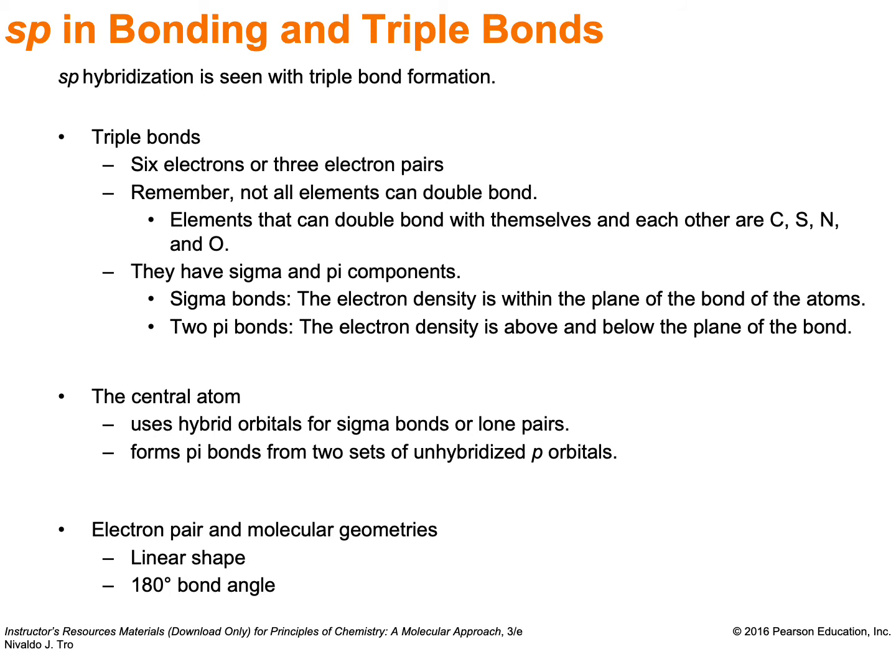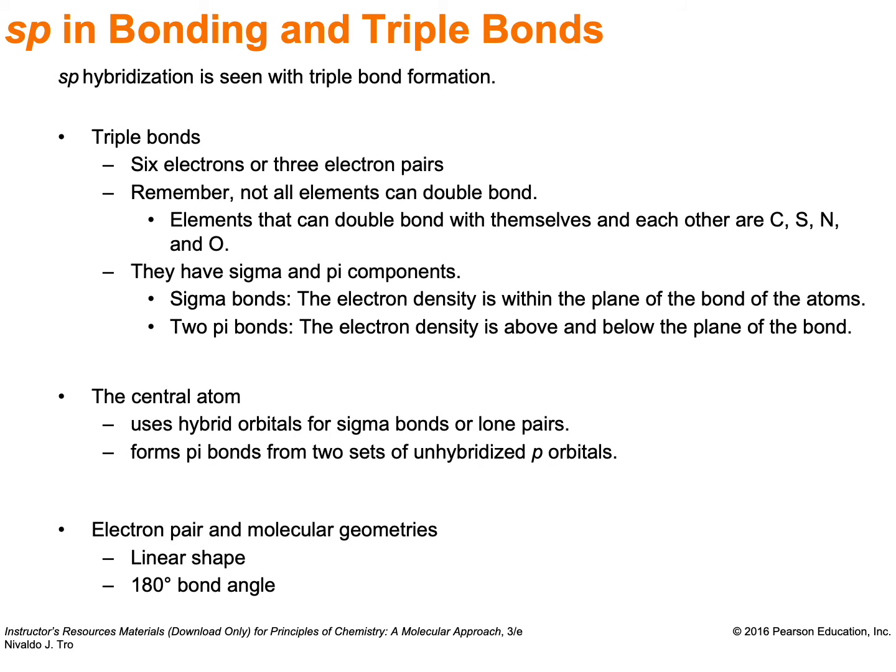Now in triple bond formation, you have sp hybridization seen. You have 6 electrons, 3 electron pairs, in a triple bond. Only a few elements can do that: carbon, sulfur, nitrogen, and oxygen. You have 1 sigma bond formed in the plane of the bond, and 2 pi bonds above and below at right angles to the plane of the bond.